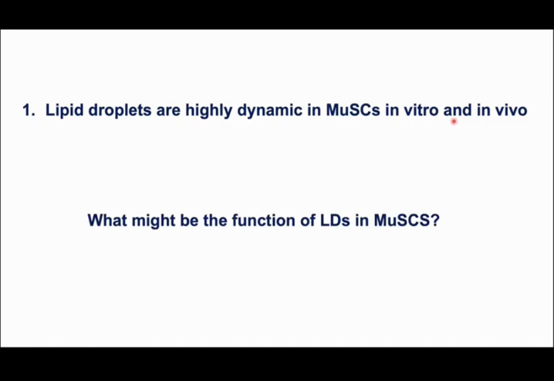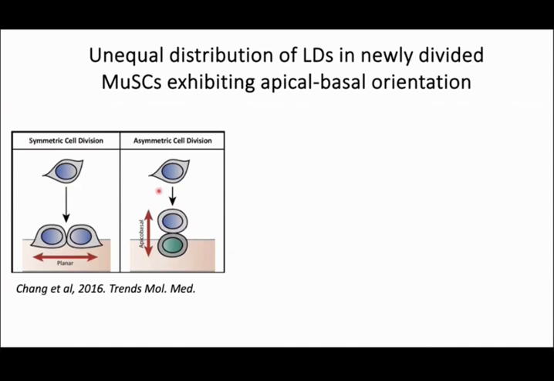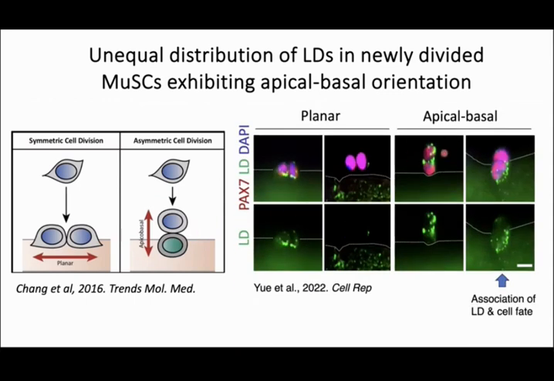So what might be the function of these lipid droplets, right? We talked about how the different cell orientation is related to cell fate. What we interestingly found is that lipid droplets can also be asymmetrically segregated in cells when they exhibit different cell fate. This is quite exciting. This has never been reported before, that when the cell divides into 2 cells, one cell has more droplets than the other cell.